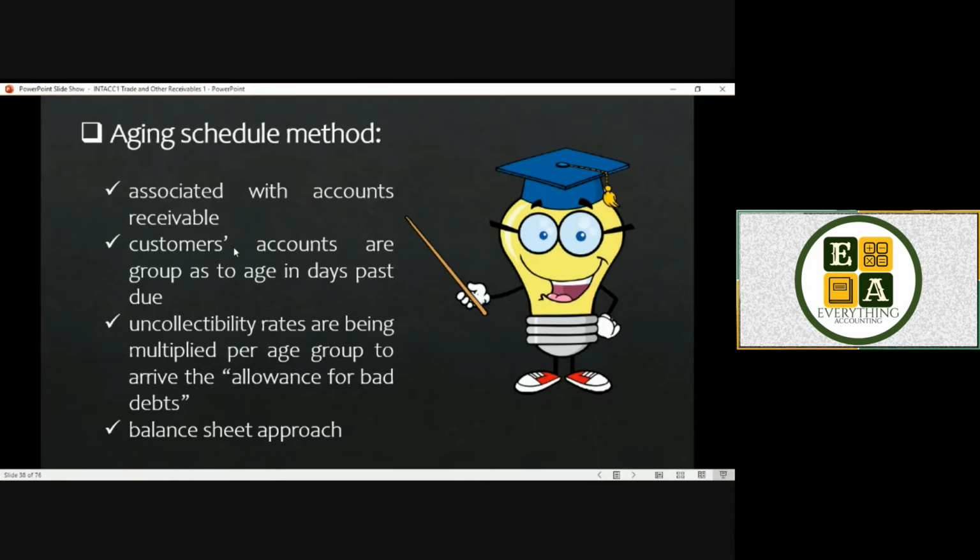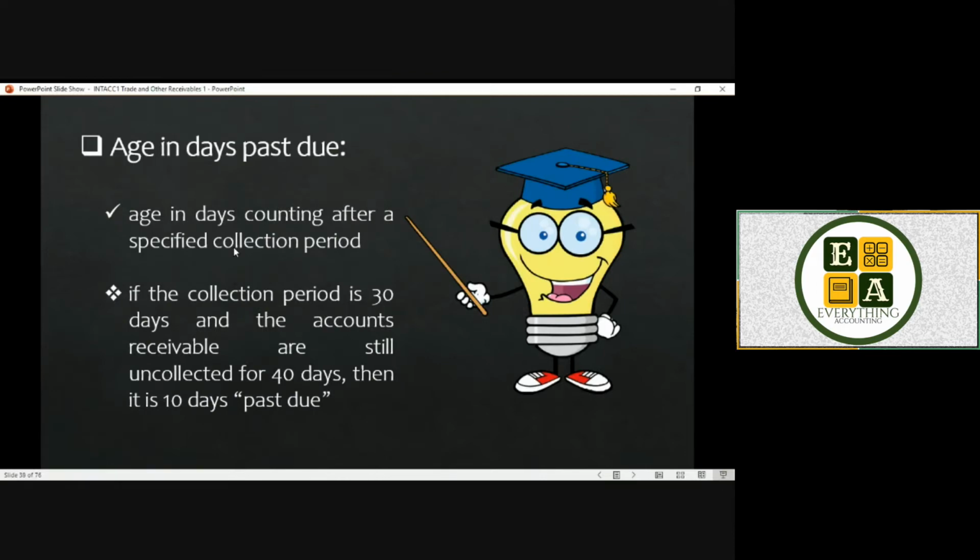Then yung resulting figure or amount is also a balance sheet account. We have the accounts receivable and allowance for bad debts. So yung age in days past due na sinasabi ko kanina, how do we account for the age in days past due?